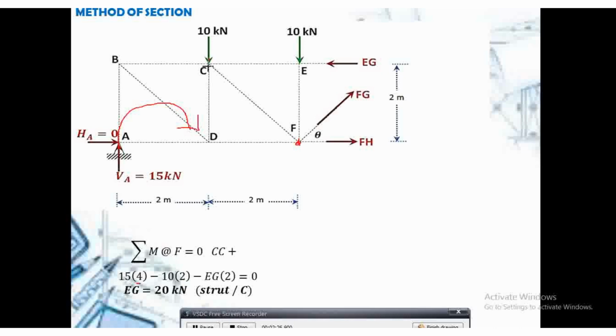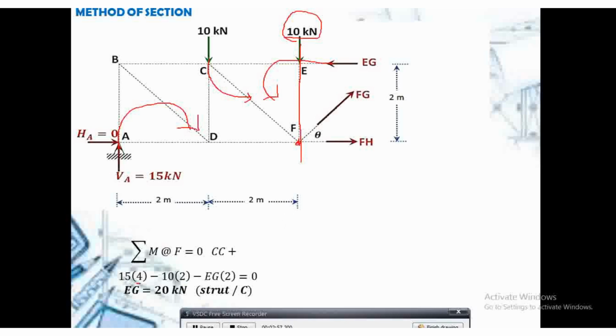Itong 10, kapag nag-moment kay F, that is counterclockwise. So, that's minus 10. The distance is 2. Magzi-zero out itong 10 kilonewtons na to kasi nag-pass through siya kay F. Itong EG, kapag magmo-moment kay F, that is counterclockwise, kaya minus, the distance of EG up to F is 2.